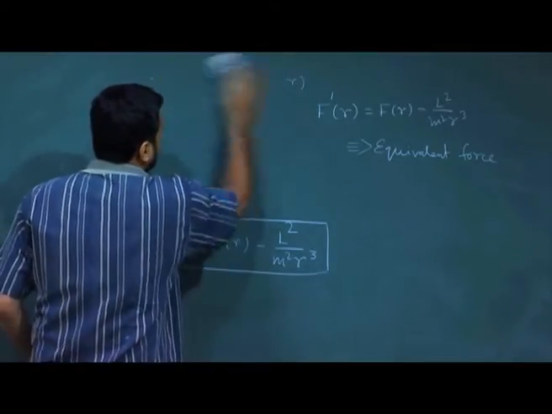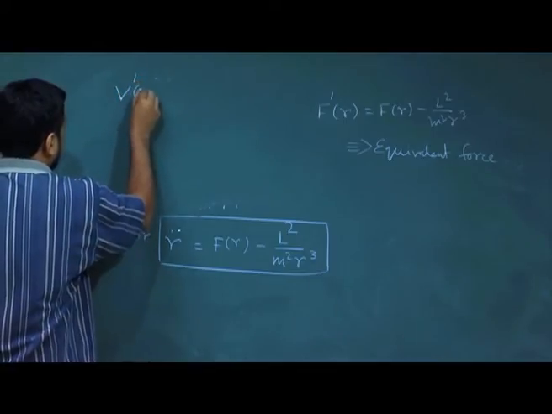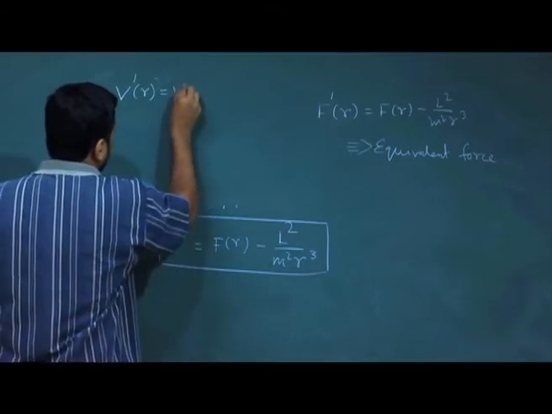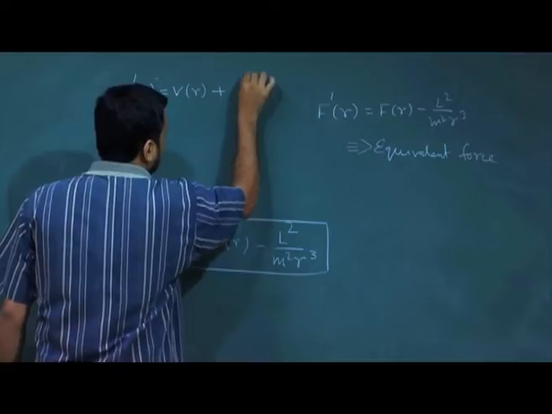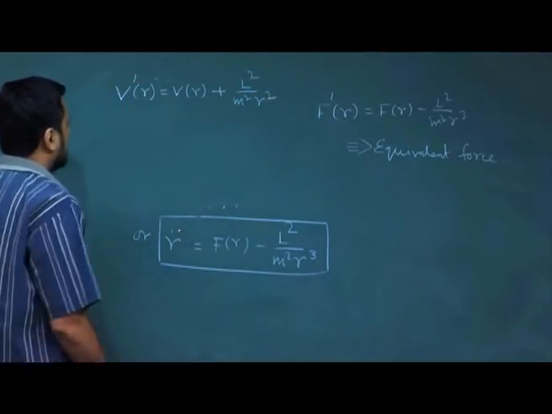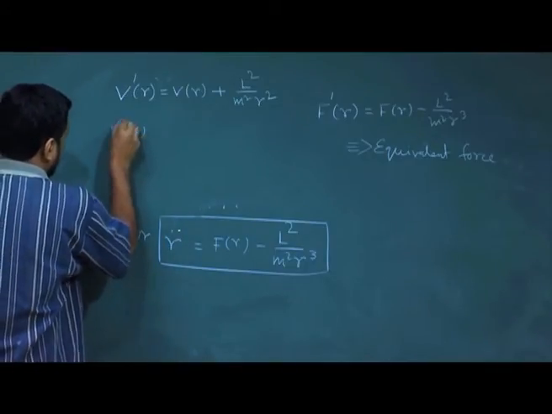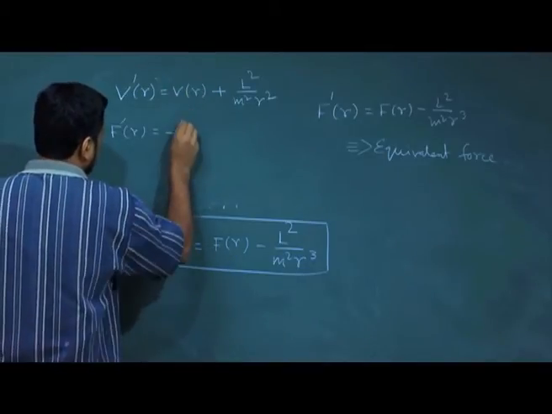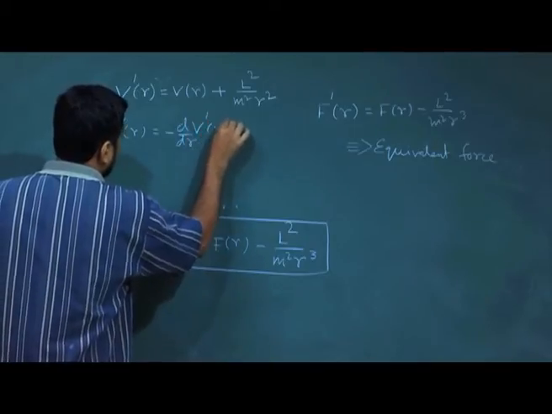Okay. So, we write an equivalent potential V dashed of r, which will be V of r plus L square by m square r square. Now, how is this related? F dashed of r will be minus dV by dr, because it is a single variable function V of r.